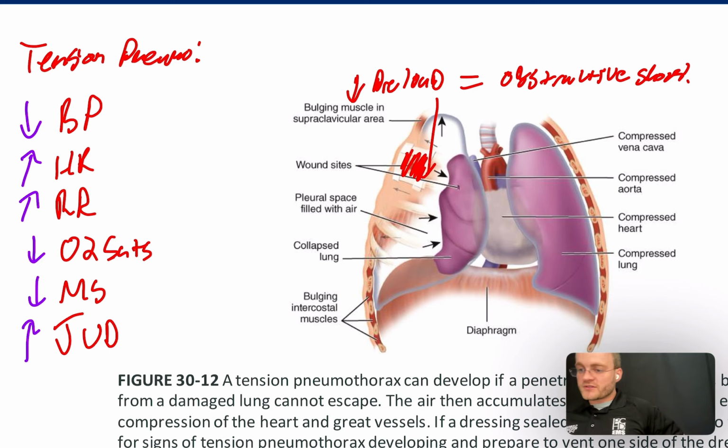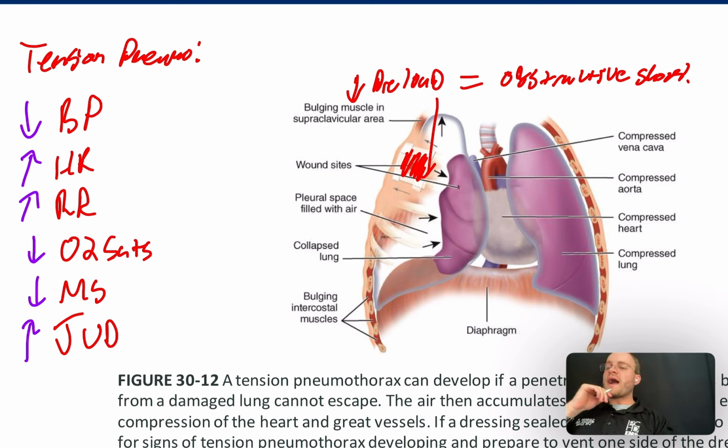So let's think about this intuitively. All your blood is coming back to your heart through veins, right? And remember, there's an inferior vena cava and a superior vena cava. All the blood from your head and face is coming down through the superior vena cava.